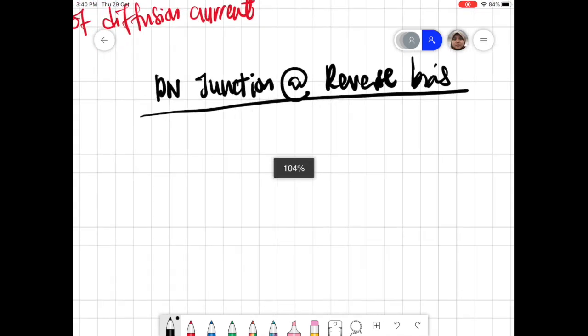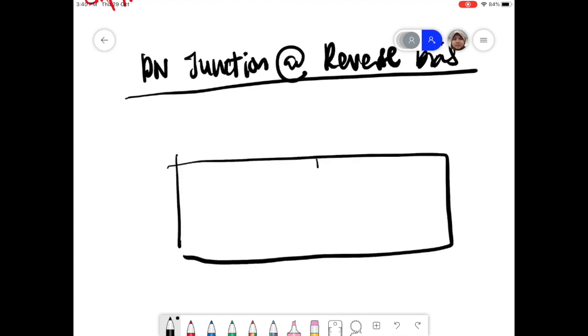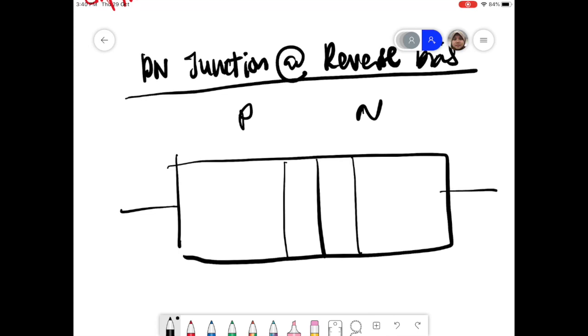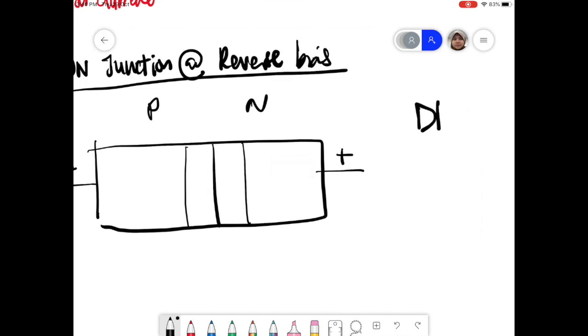okay, basically the opposite will happen, whereby this is your P and N junction. Previously at zero bias you have this depletion region, right? And before that, reverse bias means you apply negative voltage to the P and positive voltage to the N. So it's like this.